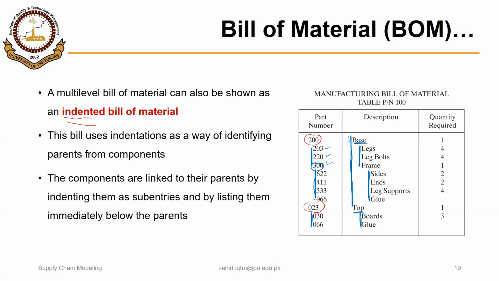Legs, leg bolts, and frame are required at the same level. And these four are required at the same level. We can say it another way: we need base and top to be combined together to make the table. We need legs, leg bolts, and frame to make the base. We need slides, ends, legs, bolts, and glues to make the frame. And we need boards and glues to make the top.